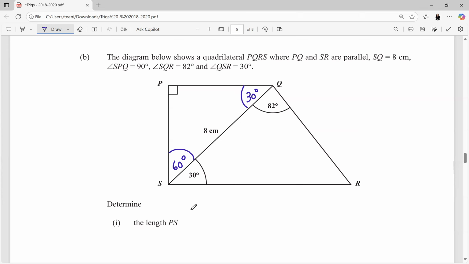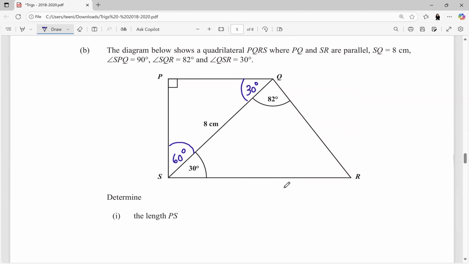Good. So the first thing we need to do is to determine the length PS. Now, this is a right angle triangle, so we can use not Pythagoras. I keep saying Pythagoras. We can use SOHCAHTOA. We need to find this side, and if we're using this angle here of 30 degrees, then this side, PS, will be the opposite side, since it's opposite the angle of 30 degrees, and the given side is the hypotenuse, since it is opposite the right angle.